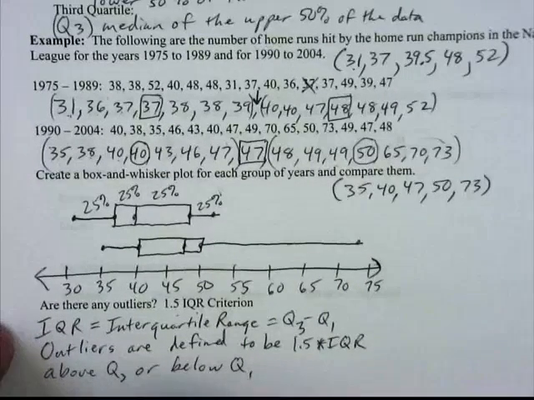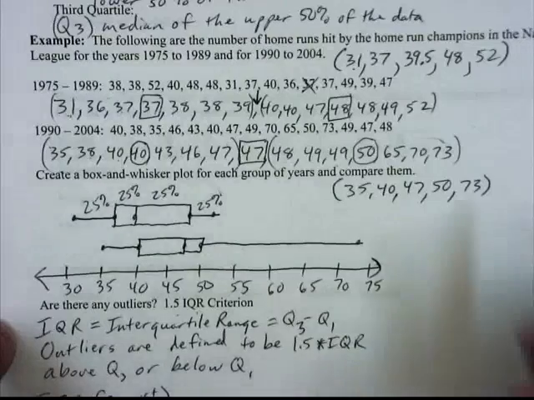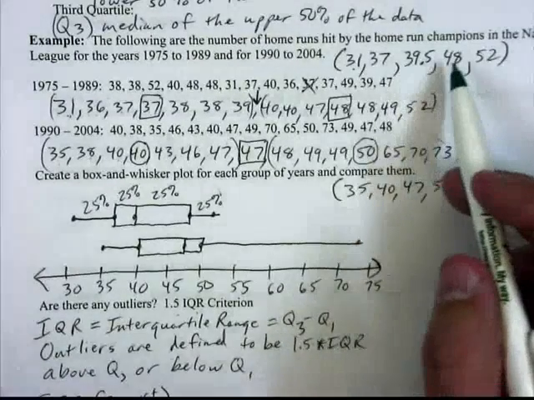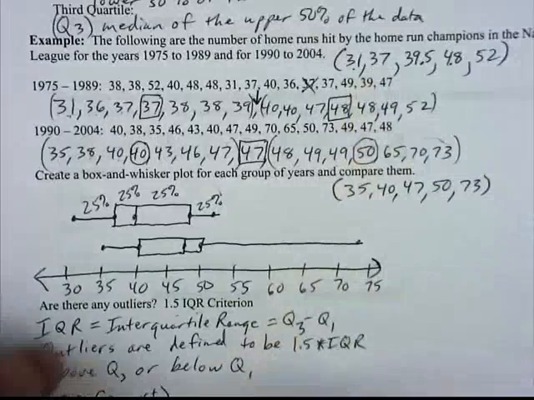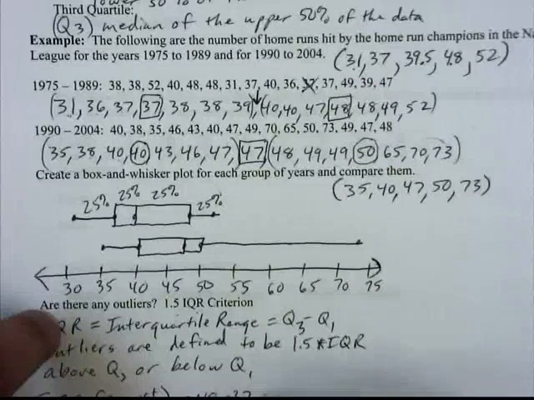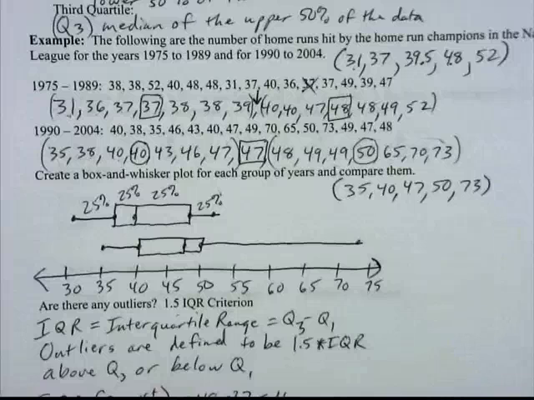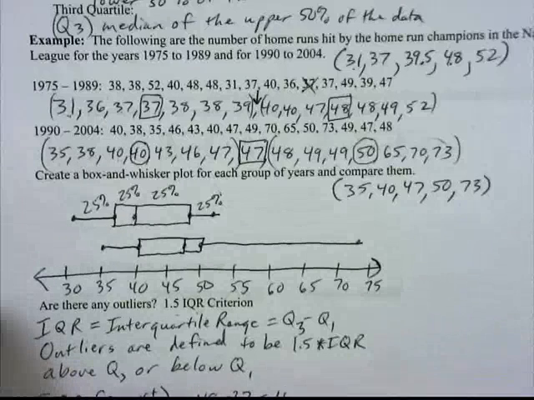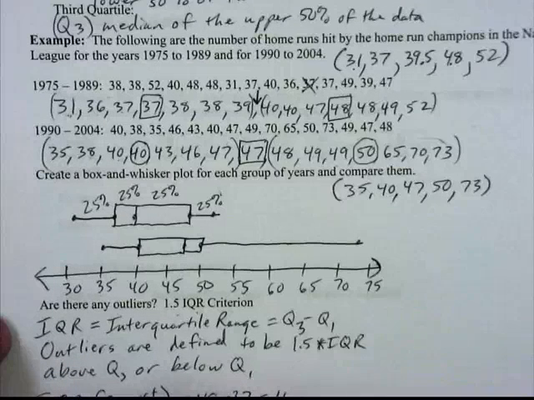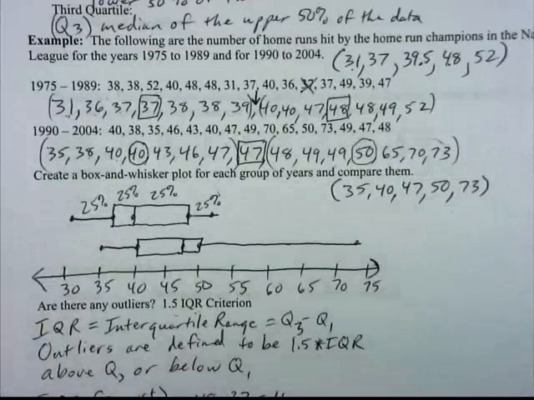So if we look at the IQR for the first one, our two numbers are 48 and 37. So 48 minus 37 would give us our IQR, so it's 11. And then 1.5 times that would equal 16.5.